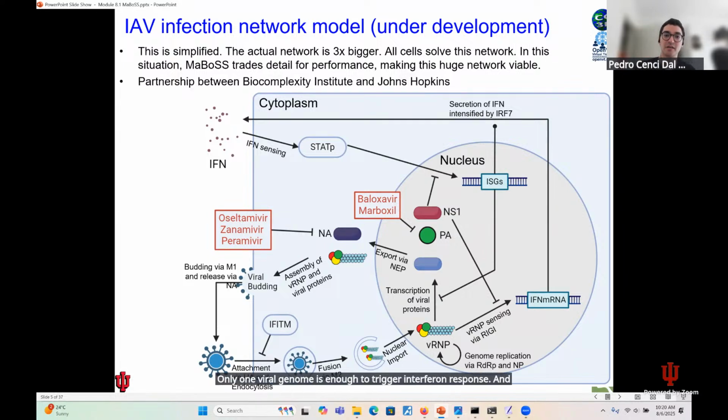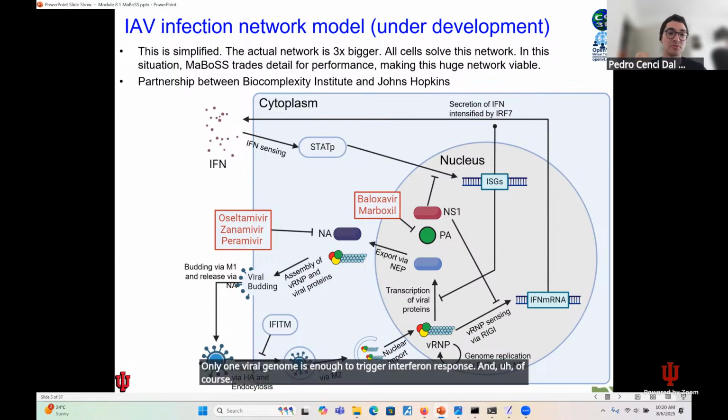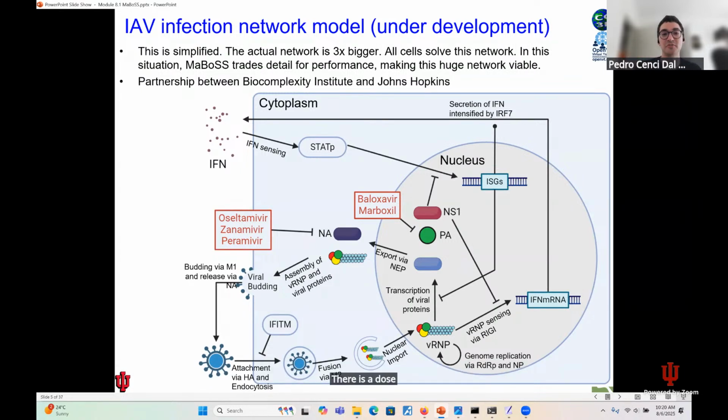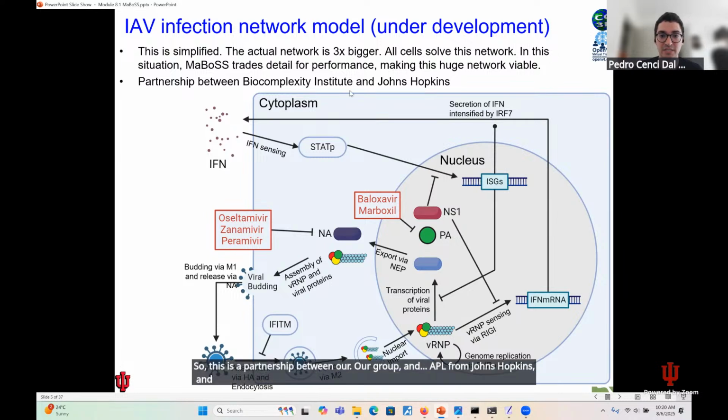And of course, there is a dose response to interferon, and I also incorporate that. So this is a partnership between our group and APL from Johns Hopkins, and we expect this to be published in 1 or 2 months.